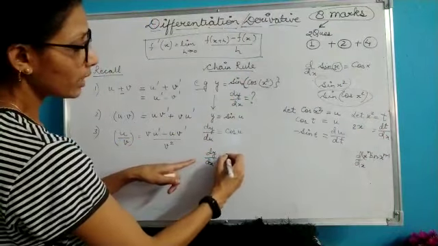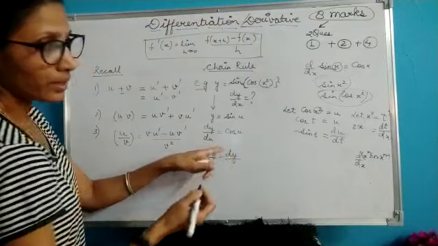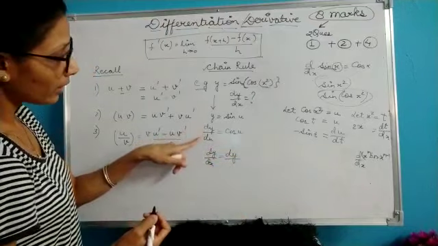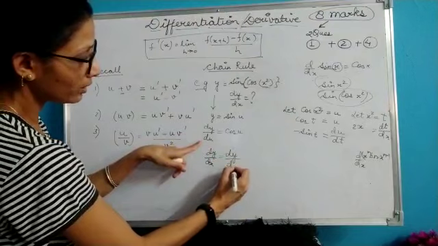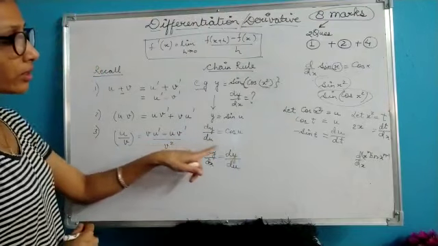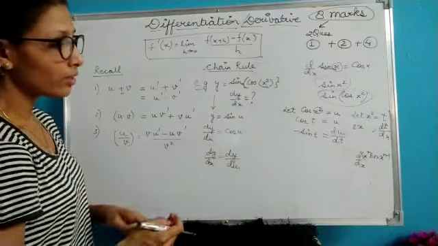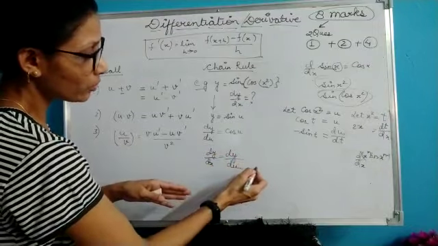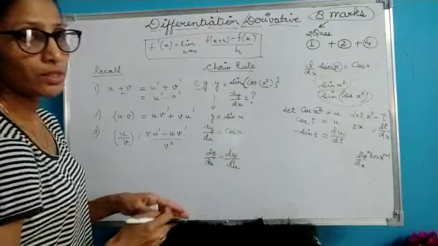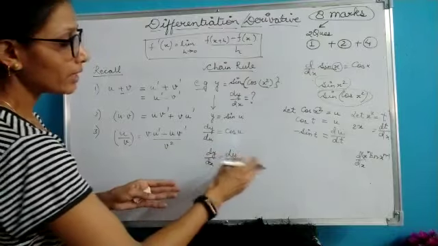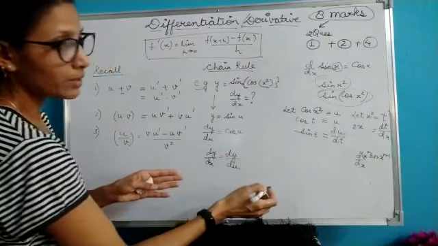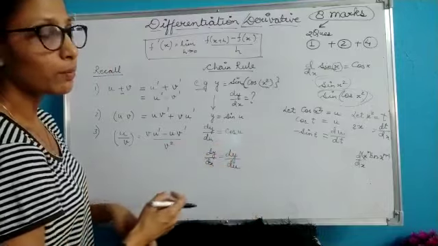That means I need dy up and dx down. So here I am getting dy by du. Let us write it like this, dy by du. Now I will form a chain so that these denominators get cancelled with the numerators, and then I can frame this dy by dx. This is how I apply the chain rule.